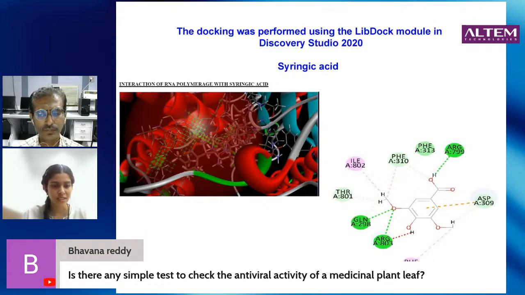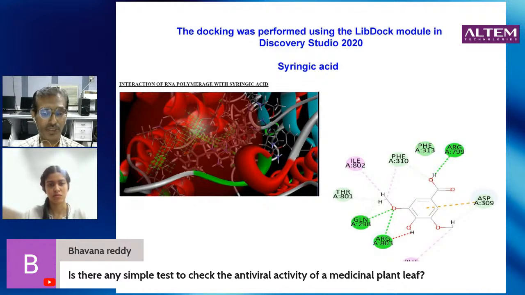The next question is, is there any simple test to check the antiviral activity of a medicinal plant leaf? Okay, if you want to look at the activity of a medicinal plant leaf, go to the IMPACT server. In the IMPACT server, you can select the botanical name of the plant, look at what compound you are looking for, and then you can get that particular compound.